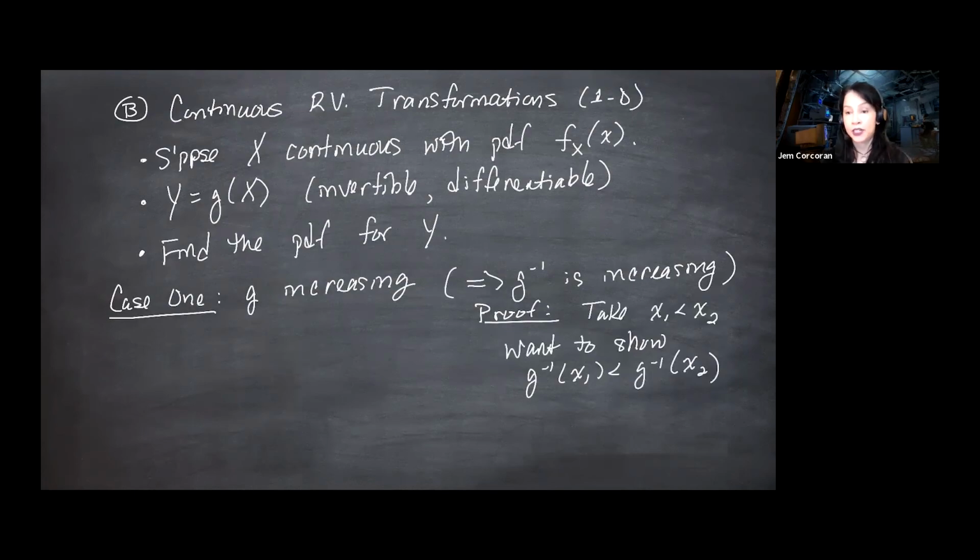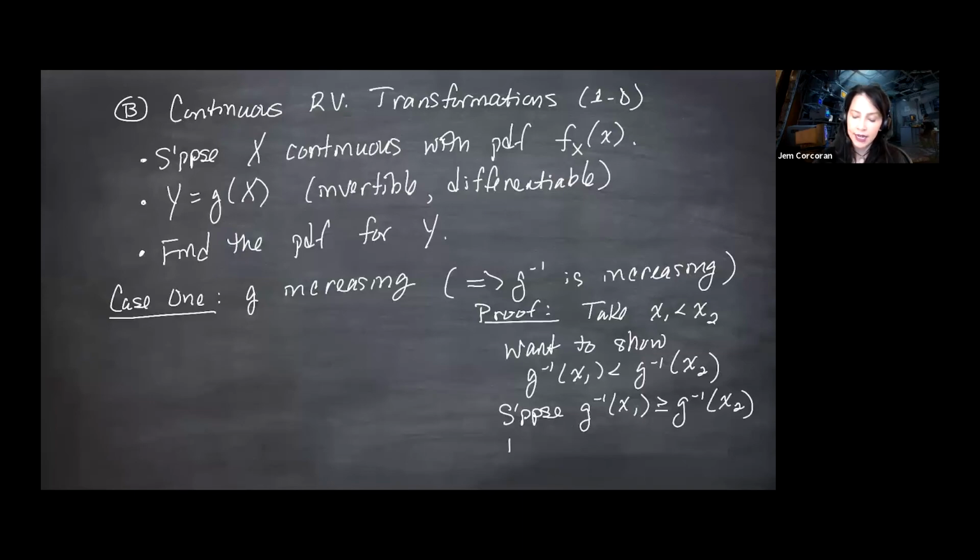That would mean it's increasing. And so I would start off by supposing it's not. So suppose g inverse x1 is greater than or equal to g inverse of x2.